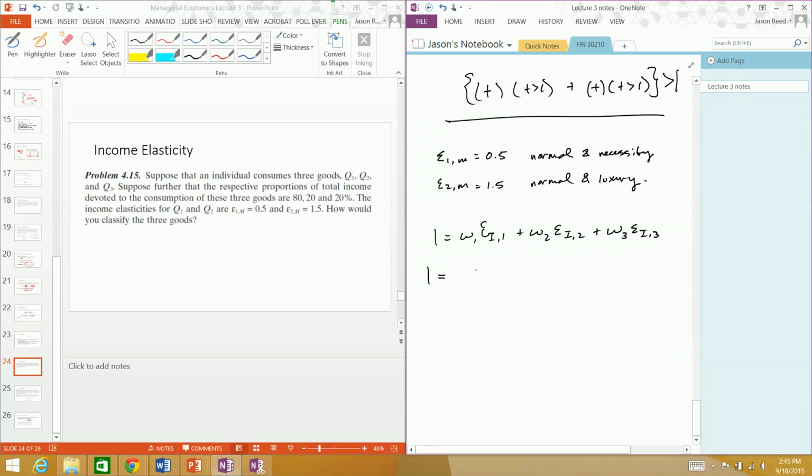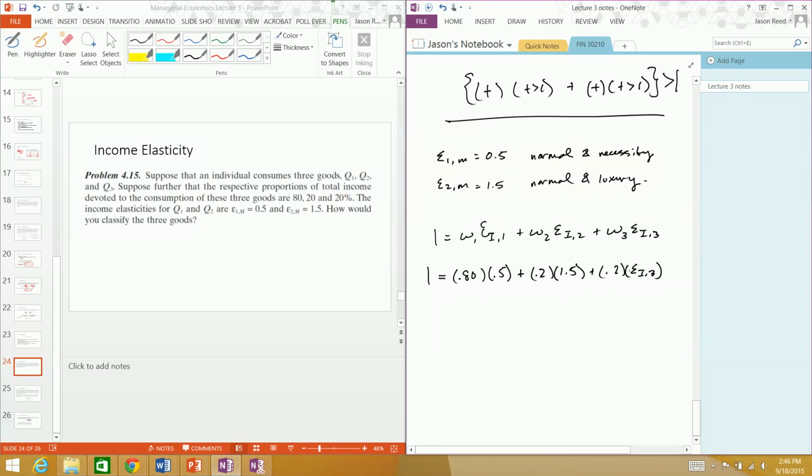So let's start plugging in what we know. We know we have 0.80 times the elasticity for good 1, 0.5, plus 0.2 times 1.5, plus 0.2, and we don't know what this last income elasticity is.